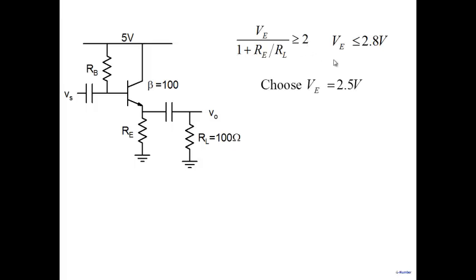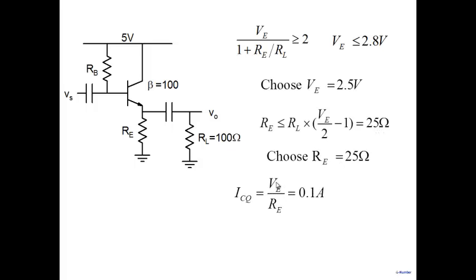Once I make a choice of 2.5, then RE turns out to be less than or equal to 25 ohms, and I choose RE equal to 25 ohms. Then ICQ comes out to be, once I choose 2.5, I have RE, I divide it, I get ICQ equal to 0.1 ampere. And then RB is determined from VCC minus 0.7 minus V, ICQ by beta, which is 1.8K.